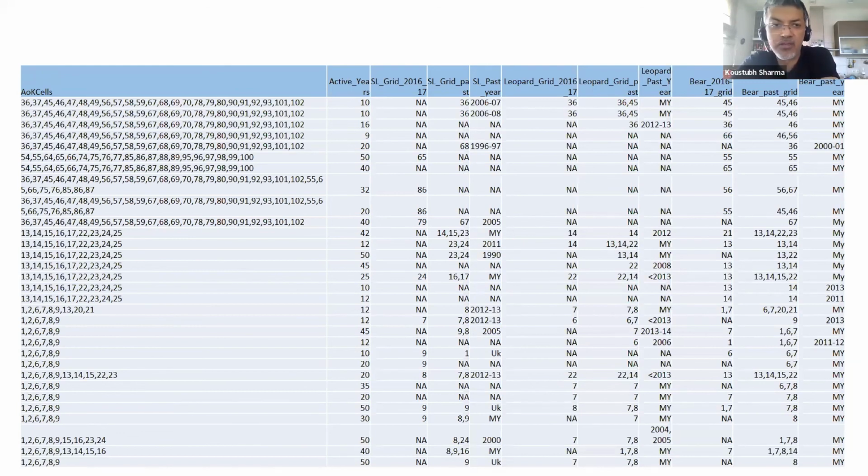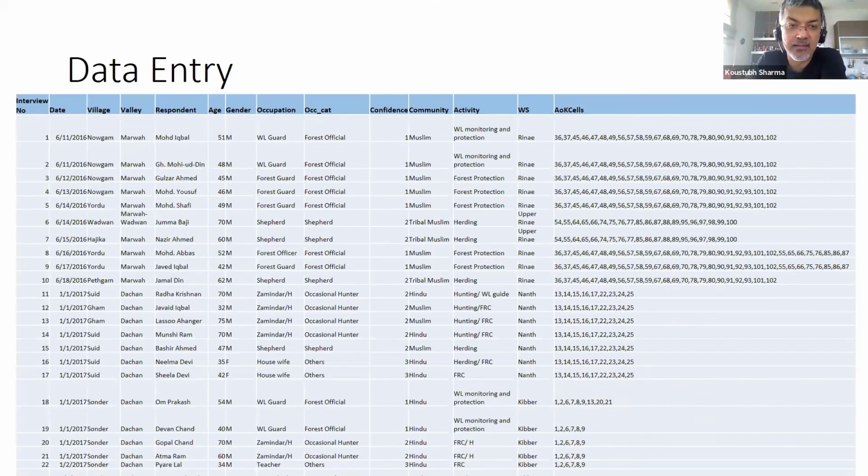And here, if you look carefully, you have the covariates which are also listed, which could have potentially affected detection. In this case, the activity that they do, and also the age, sometimes the occupation. Sometimes people end up with several occupation types.